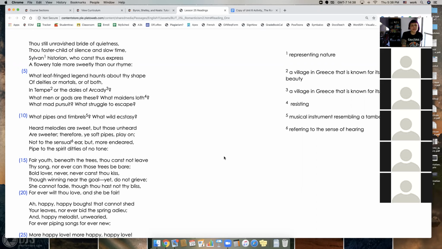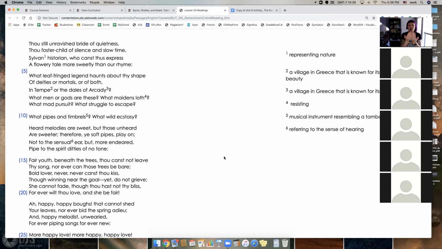What struggle to escape? An urn is like a vase. Just think of it as a vase. But usually an urn, like we think of, has ashes inside of it. But Grecian urns are actually known for having these beautiful, really detailed scenes painted on them.